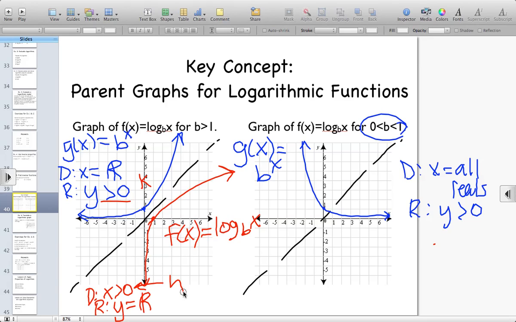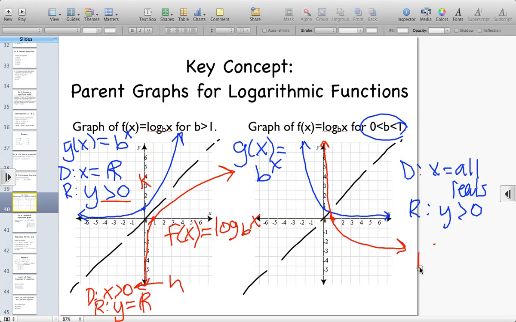Let's take a look at what happens when b is between 0 and 1. Notice that b is still positive, but it's between 0 and 1, so it's a fraction or a decimal. This time, kind of like the decay function, as y approaches positive infinity, x is going to approach 0, or whatever the h value is, and as y approaches negative infinity, x is going to approach positive infinity.